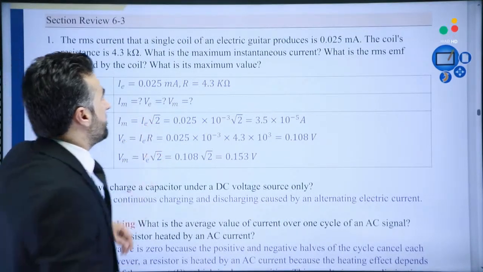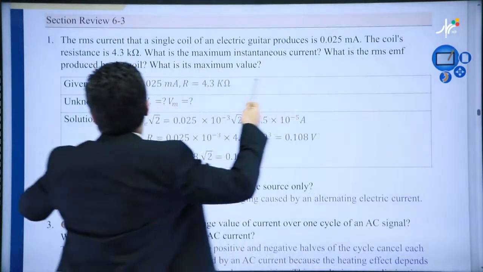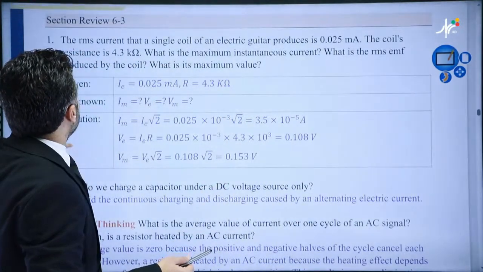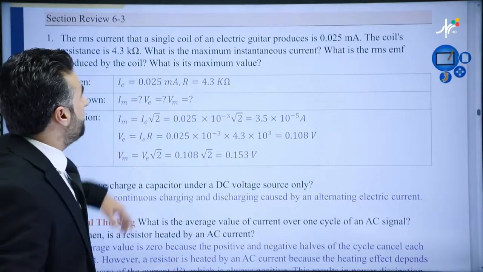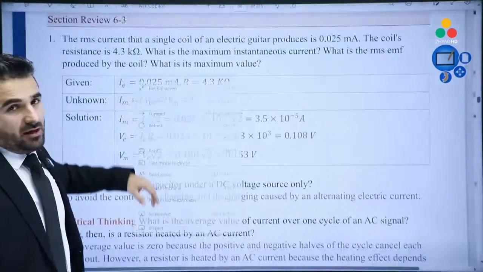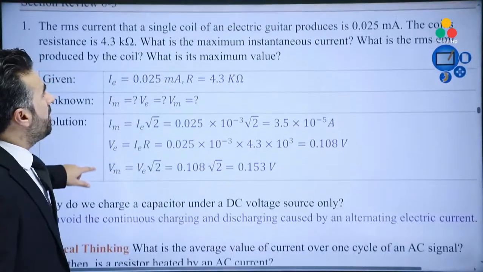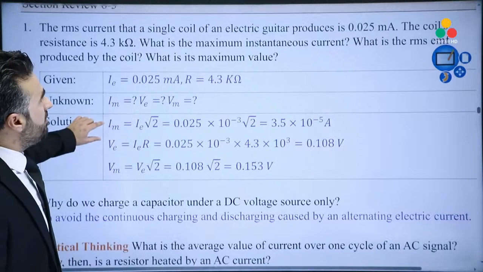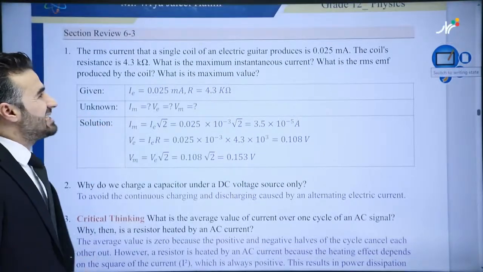The root mean square current, or effective current, is 0.025 milliamperes, as you can see here, and then we have the resistance. The first question: what is the maximum instantaneous current?